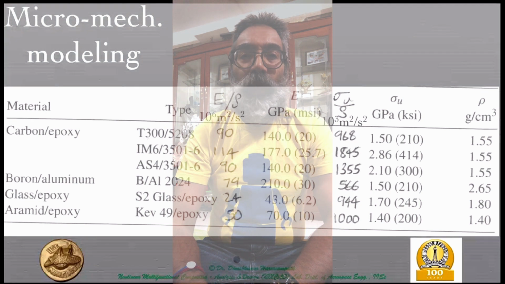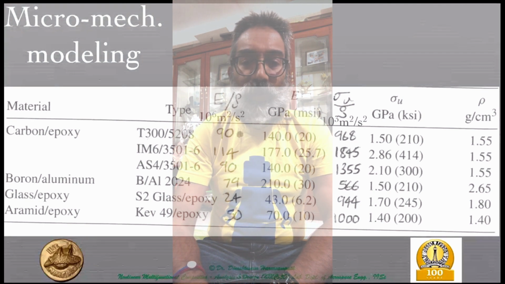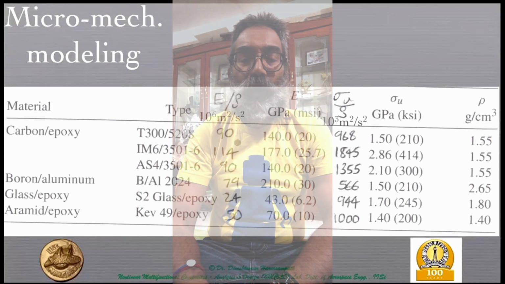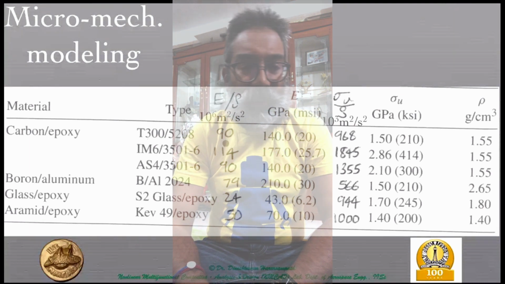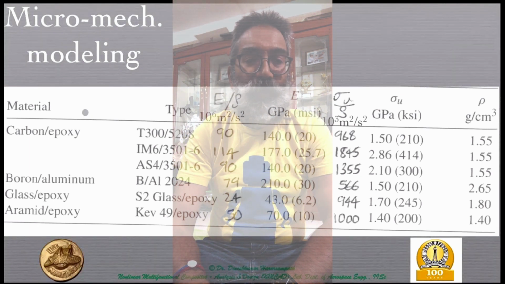Now let's compare and contrast these set of numbers that we have in the range of all the way from 24 for glass epoxy to 114 for a particular carbon epoxy composite. Now the textbook doesn't give the specific volume fractions for each of these.